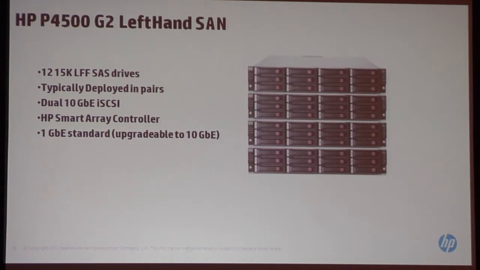I can't forget about our P4500 left-hand storage. This is sort of the generic stuff. It's based on a DL380 platform that's going to be refreshed with a Gen 8 platform. But this is sort of if I want to start off slow or if I want to start off small, I can buy a handful of these nodes and get my VDI stuff going.